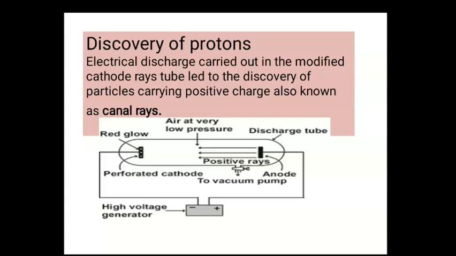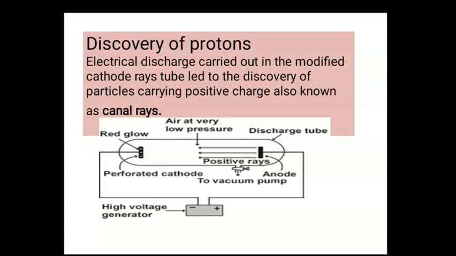When that electron struck a gaseous particle, that gaseous particle got ionized. For example, if the gas taken in the discharge tube is M, when an electron strikes it, it will ionize the gaseous particle M. So M gets converted into M positive and an electron will be knocked out.